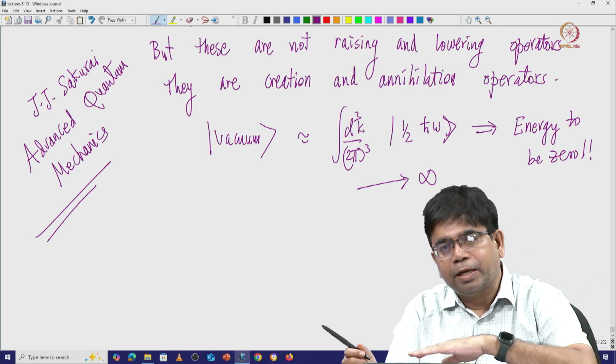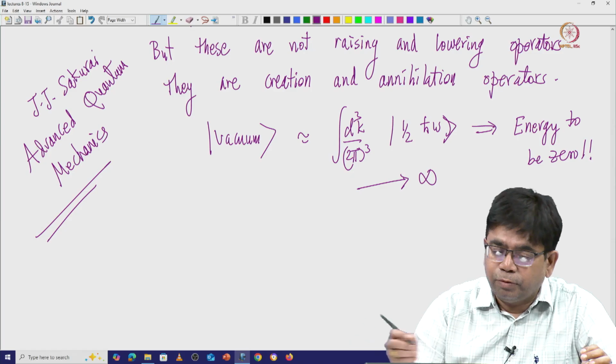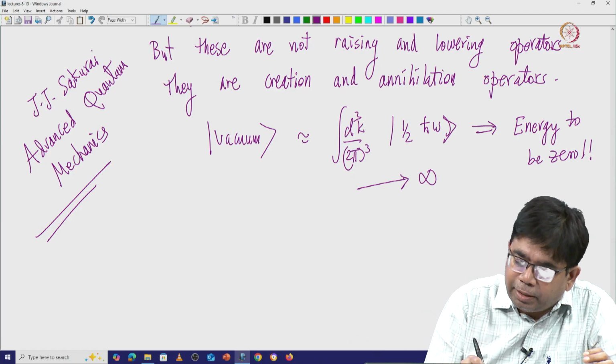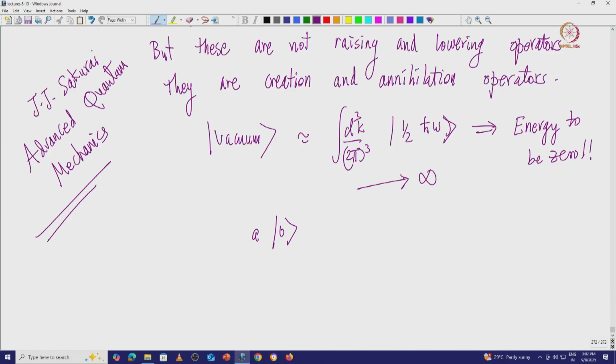And when you set the energy of the vacuum to 0 essentially, then you can create particles from the vacuum. So, A dagger will give me a state with a particular polarization and energy essentially. This A dagger is a function of k and omega, k and epsilon.